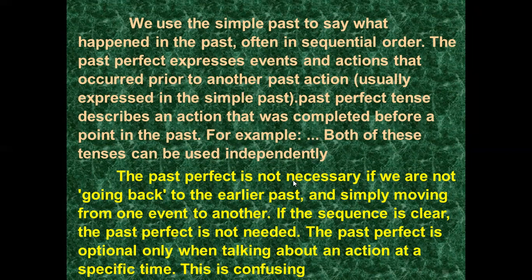The past perfect is not necessary if we are not going back to the earlier past and are simply moving from one event to another. If the sequence is clear, the past perfect is not needed. The past perfect is optional when we are talking about an action at a specific time. This is confusing.